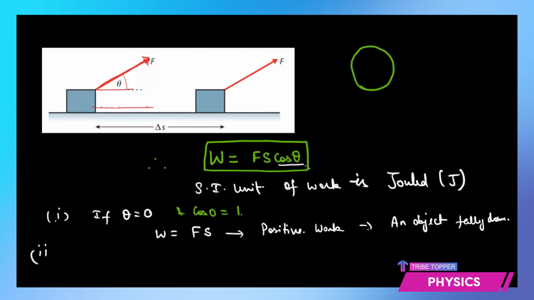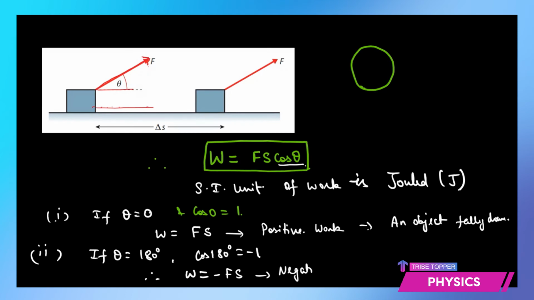Just the opposite would be if theta is equal to 180 degrees. Cos of 180 is -1. Therefore, this leads to the expression: work done is minus Fs. This is known as negative work done. Can you think of an example for negative work? I believe we have just learnt about friction in a few lessons before.